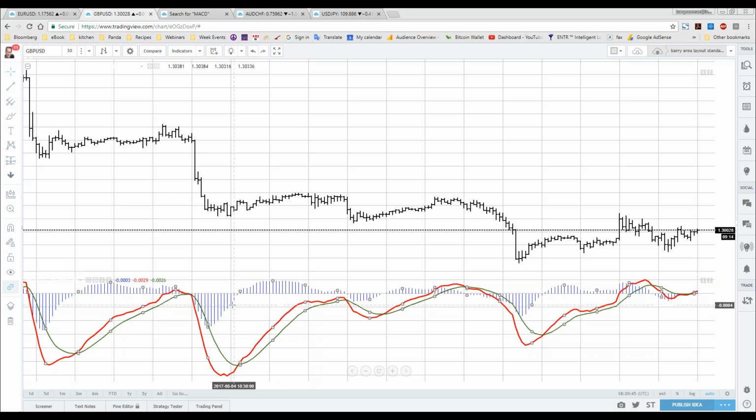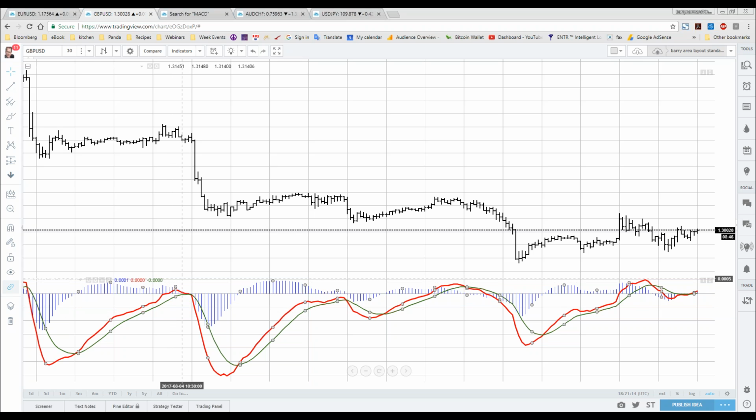So if you remember right, what we have, and I'll keep reinforcing this, the red line is your MACD line. Your MACD line is simply the difference between the 12-day moving average and the 26-day moving average. Your green line is then the average of that red line.